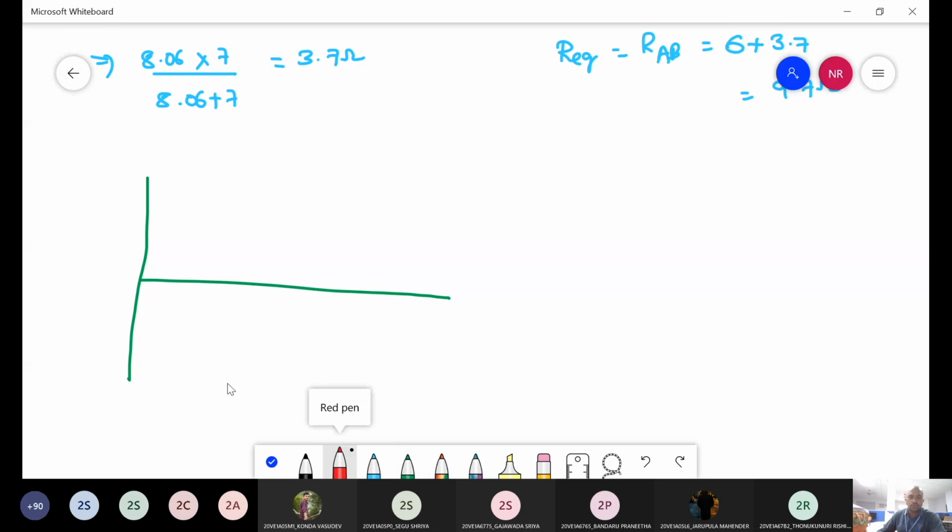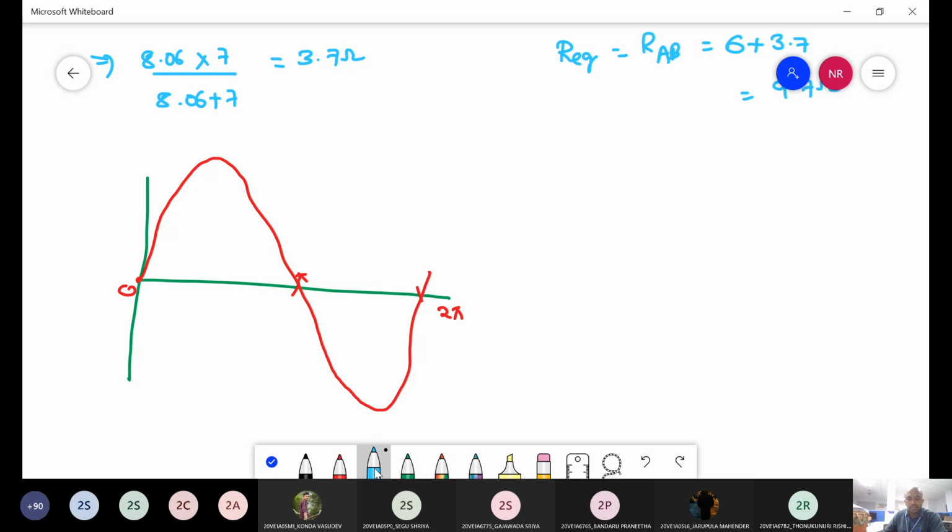See, these are the sinusoidal quantities. Zero, pi, 2 pi, right? This is one sinusoidal quantity. Suppose here we have another sinusoidal quantity.